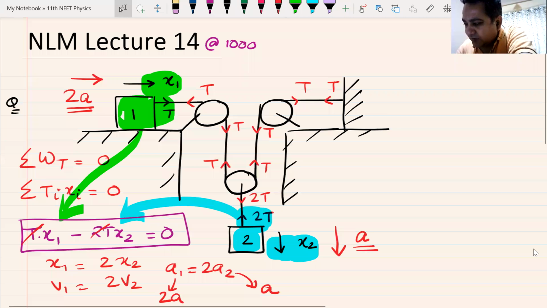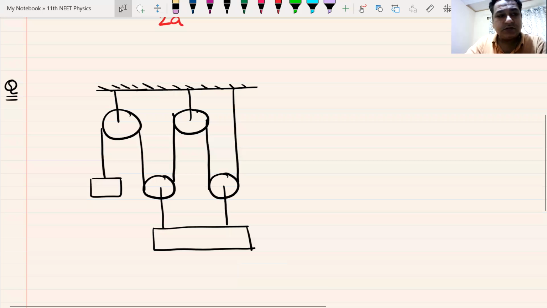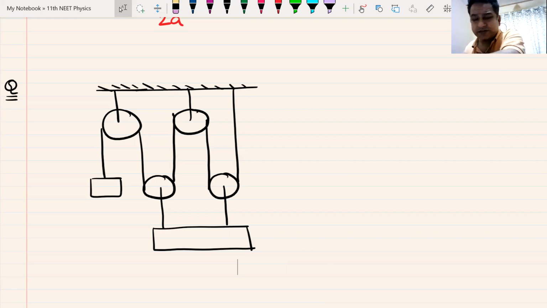See, you must understand, once you have understood the concept, rest of the things, no matter how difficult they look, they would be pretty simple. This question which I have drawn looks very complicated. This is block 1, this is block 2.